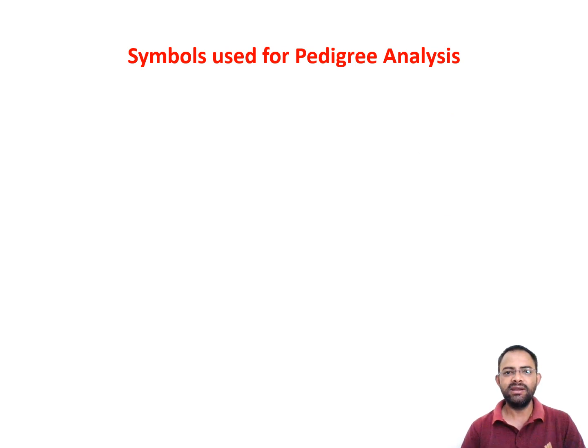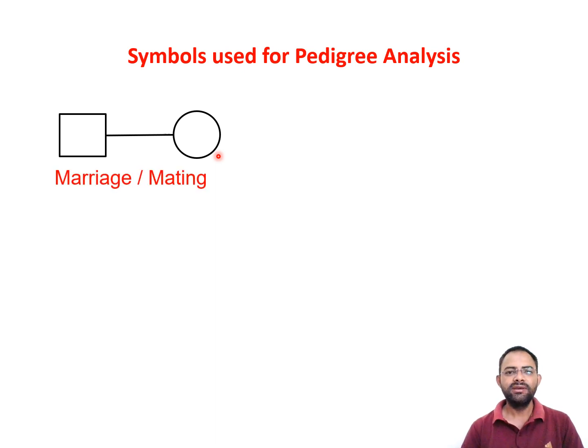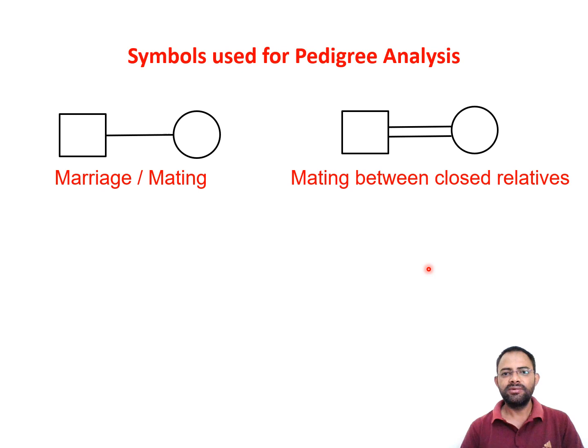Some other symbols are: two closely related individuals are connected by a horizontal line showing the relation between two, like marriages and mating, while individuals connected by two horizontal lines represent mating between close relatives like cousins.